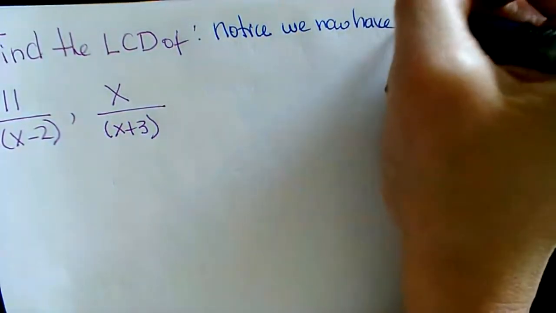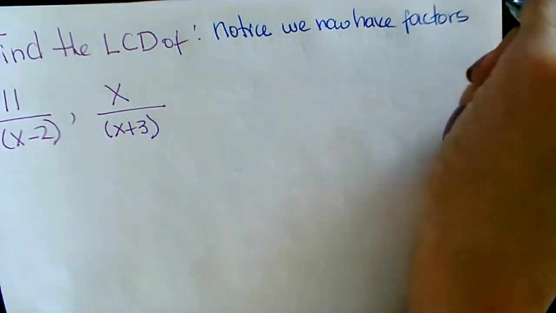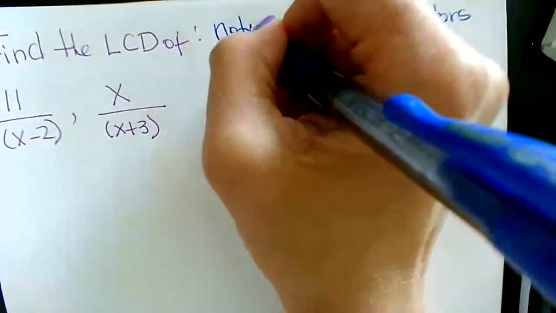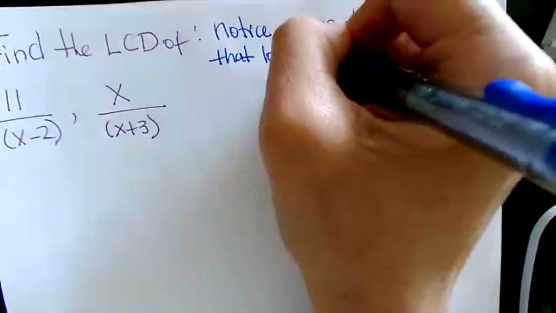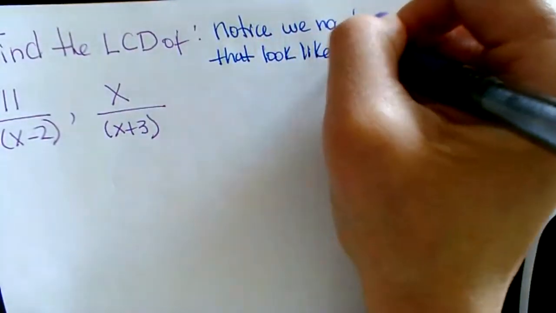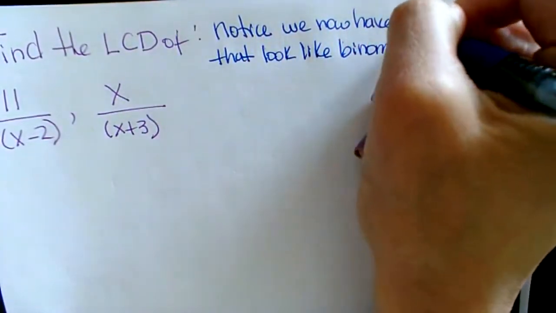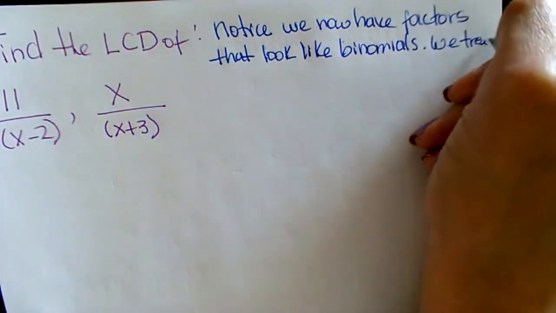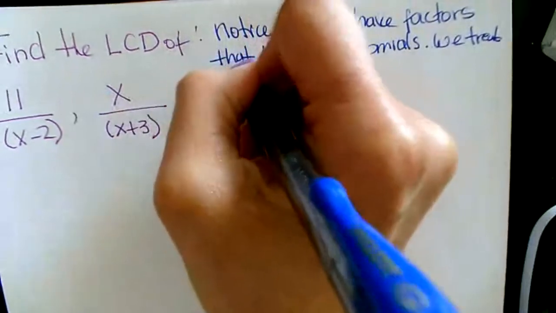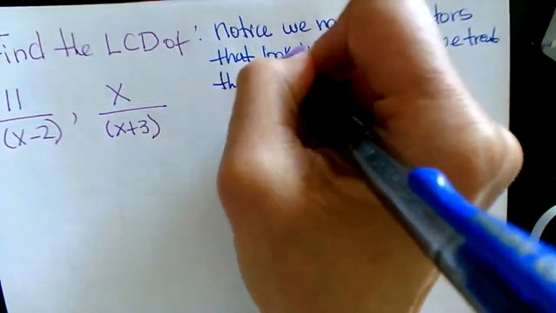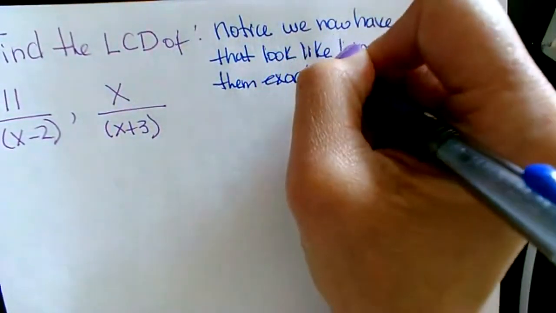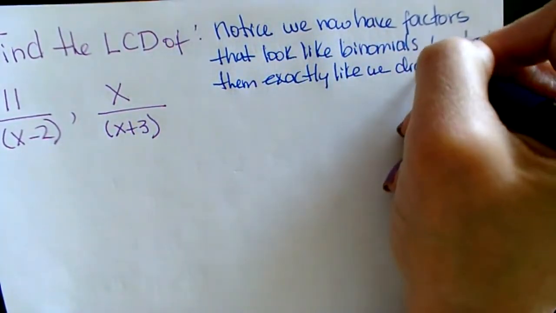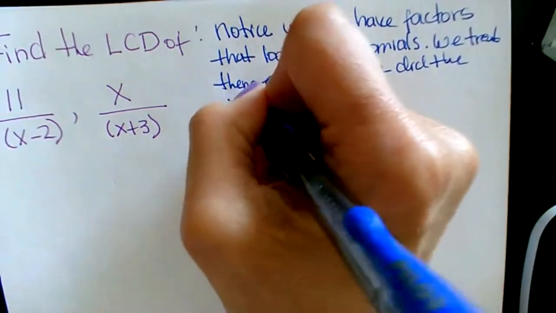Notice we now have factors that look like binomials. We treat them exactly like we did the variables.